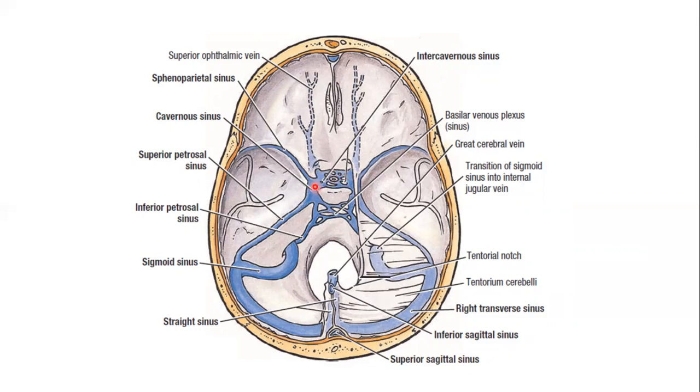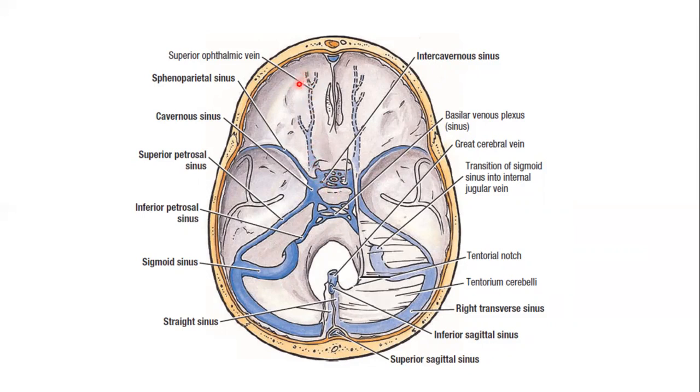Similarly, this is the sphenoparietal sinus, which connects to the cavernous sinus, and it is present bilaterally, paired. And you see the superior ophthalmic vein. I told you this has a connection with the cavernous sinus.